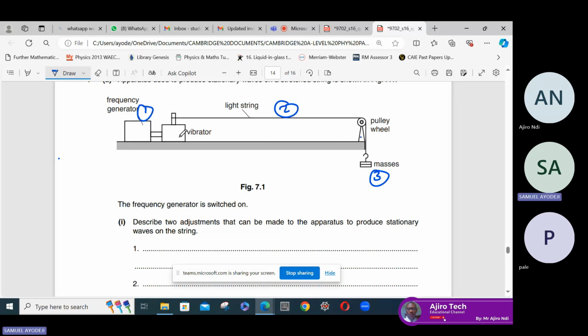The vibrator will vibrate and generate the wave. This one is constant, and this is also constant. But you can move this vibrator to something else, so you can change the distance. Another thing you can use is that you vary the frequency from the frequency generator.